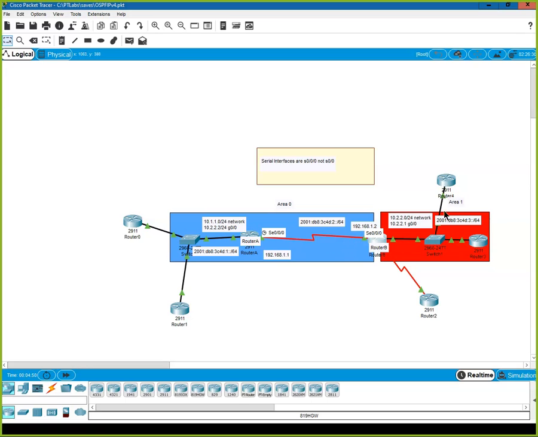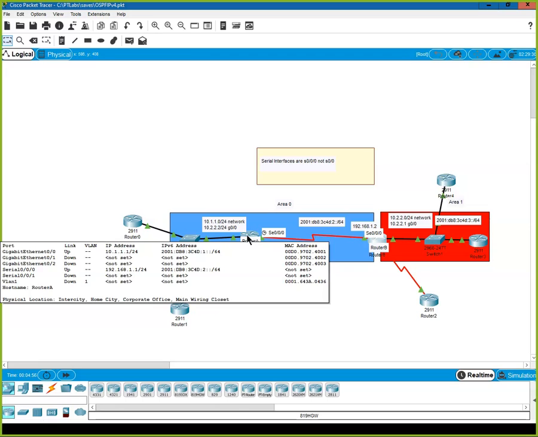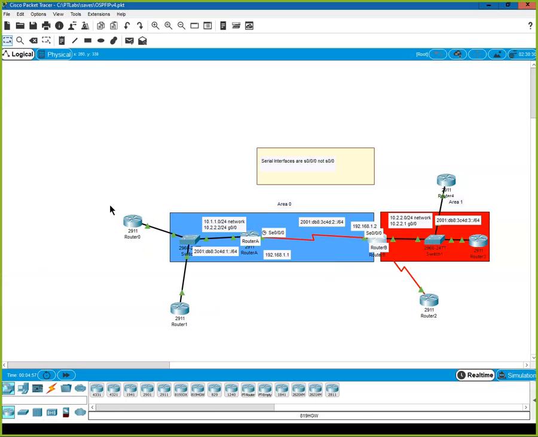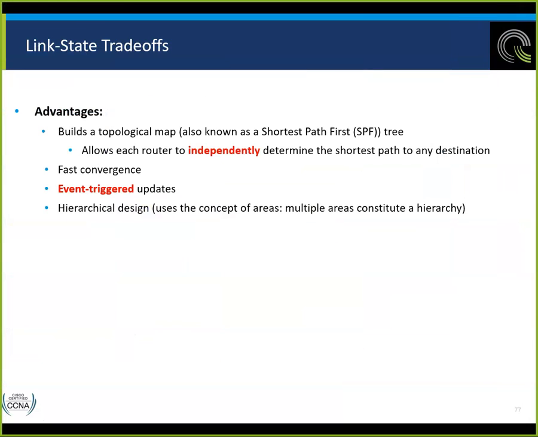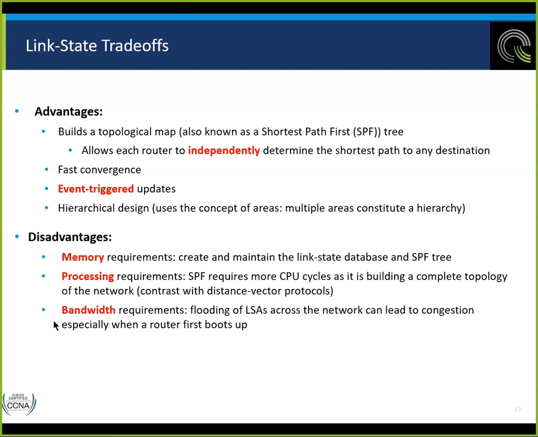But the updating in the red area doesn't go to the routers in the blue area. The updating in the blue area only goes to the blue area, and then the specifics are relayed, so it minimizes the amount of traffic and the number of updates that have to go on.